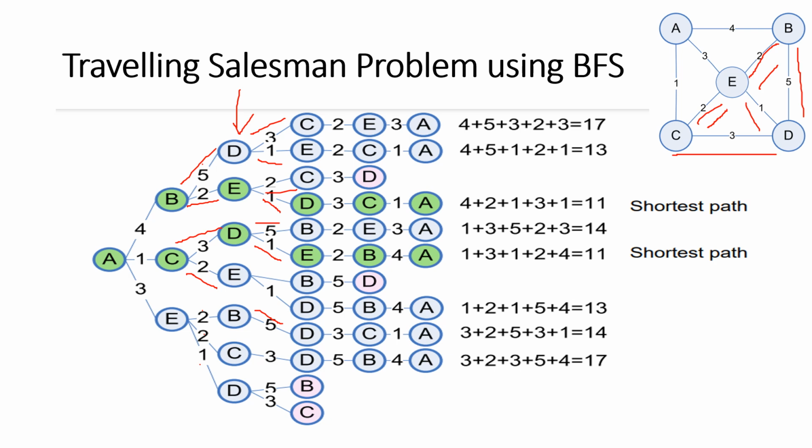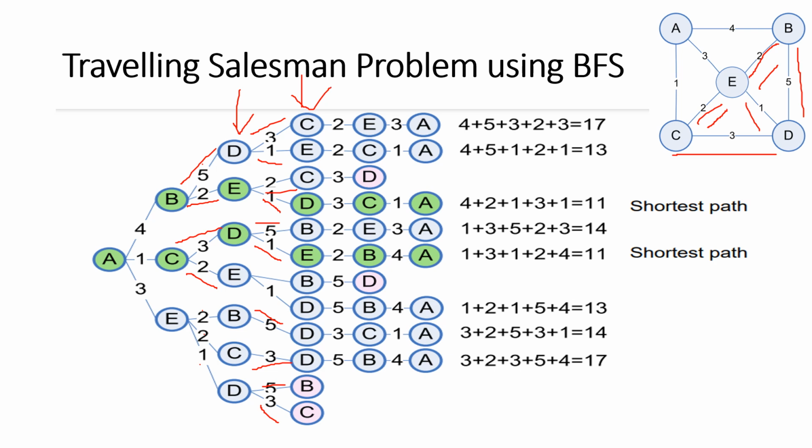So only one path, that is D. Then from C, A is the parent node, E is the parent node, and only D is there. D is the child node. And from D, there is B and C, E is the parent node. So there are two options, B and C. So we will complete all these nodes in this level, then only we move to the next.